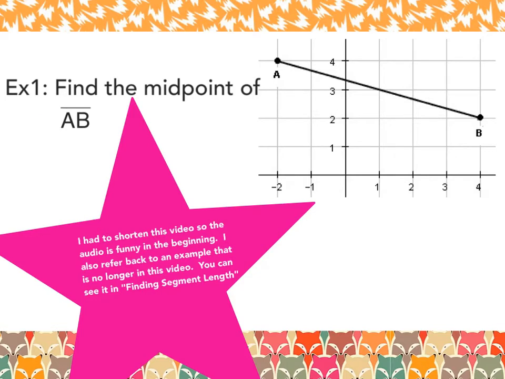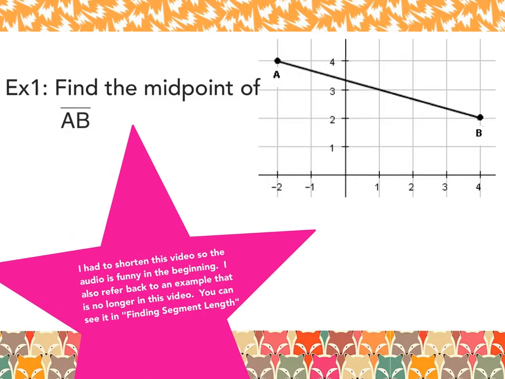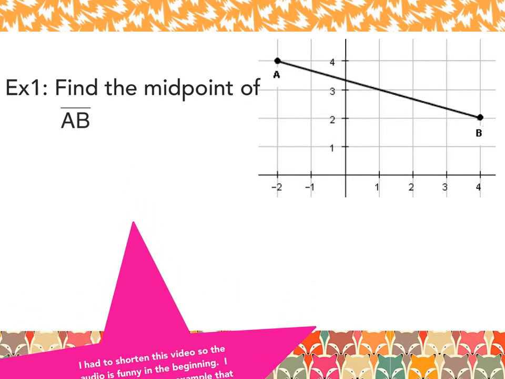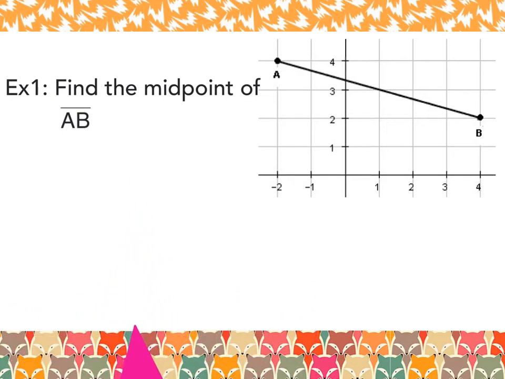All right, we're going to do this example graphically, and graphically this won't be too difficult. Later we'll look at an example algebraically. So again, just like we did a minute ago, finding the distance between A and B, or the length of segment AB, we're going to look at our change in X and change in Y again.